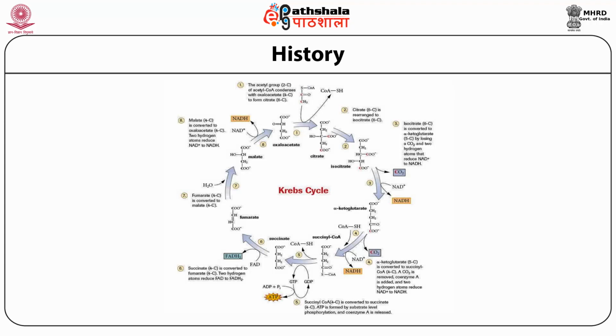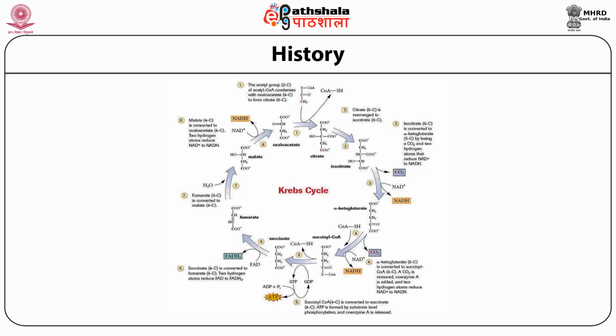All cyclic pathways have to have an acceptor molecule. Here, oxaloacetic acid is the input, and the acetyl part comes from pyruvate.